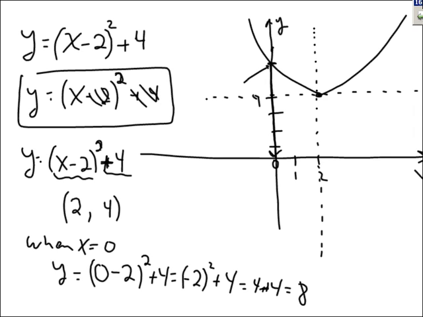Okay, it crosses at 8. But other than finding the y-intercept, we were done. Just find a new origin and draw a typical x squared graph.